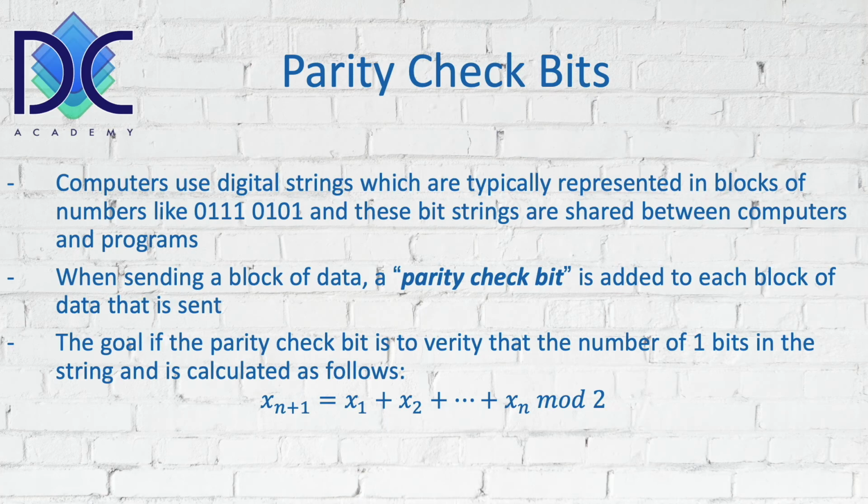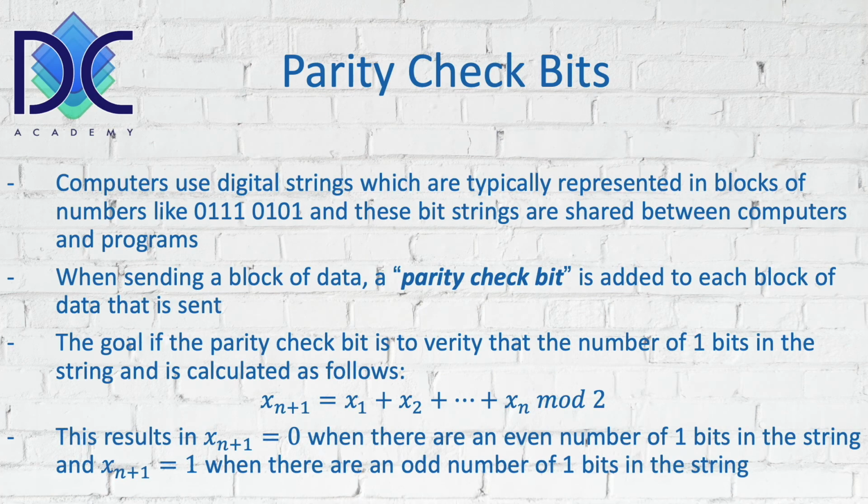So when we have 0111, 0101, we have x1 equals 0, x2 is 1, and so on, and we take that sum modulus 2. The result x(n+1) is 0 when we have an even number of 1 bits in the string, and x(n+1) is 1 when there is an odd number of 1 bits in the string.